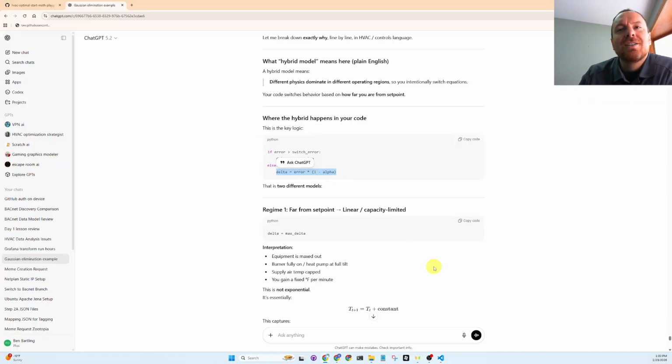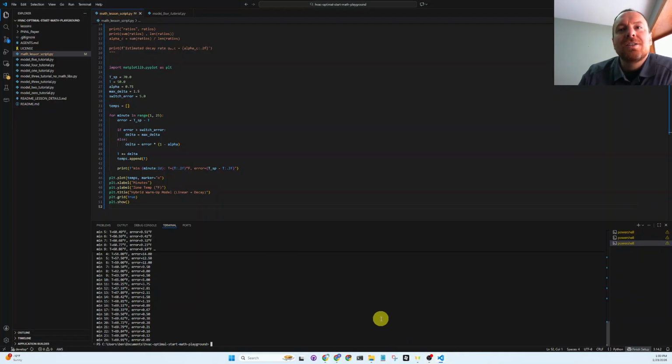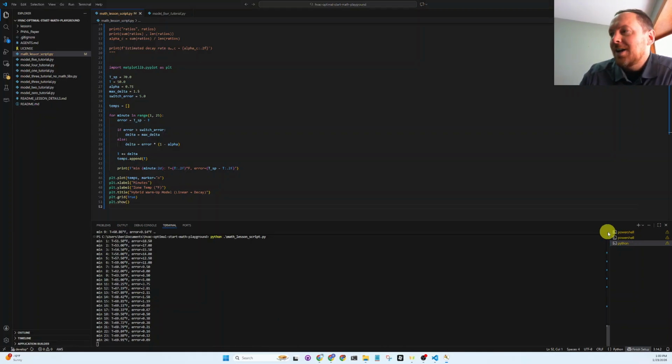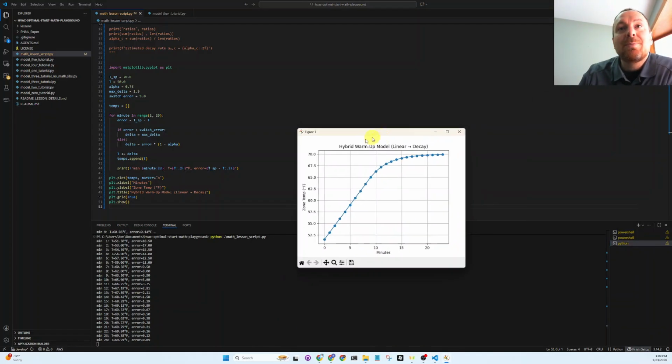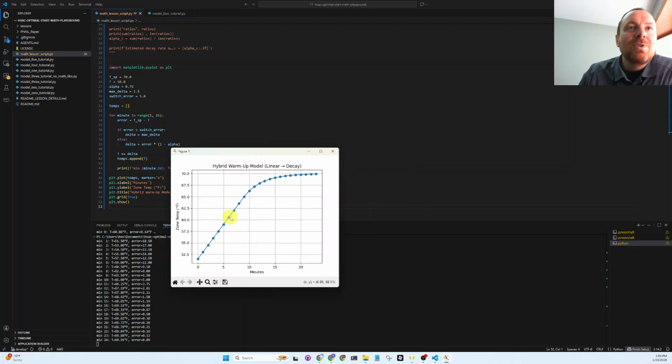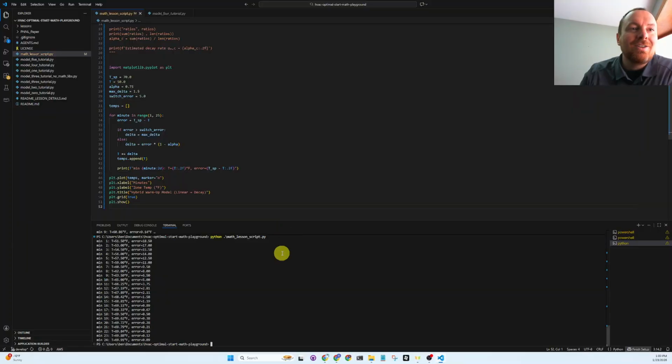So it basically switches. I don't think it's really doing what our paper says, but it's using one type of model here, then as it gets here it's using some other linear one, and then it switches to decay as it gets up here. So I don't know, I think you get the point.